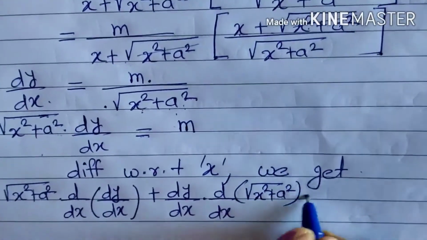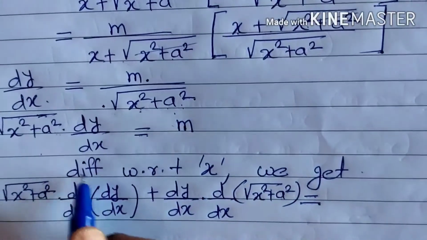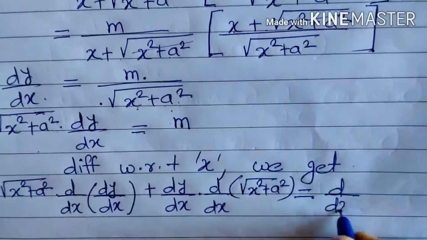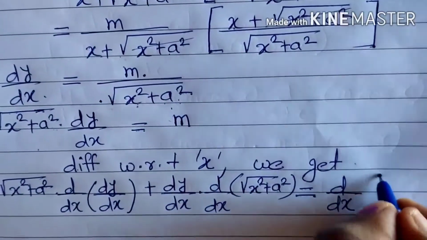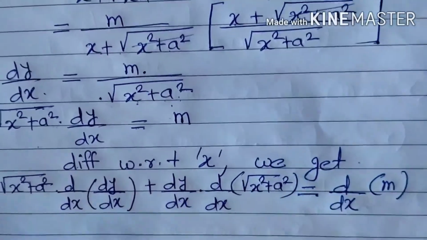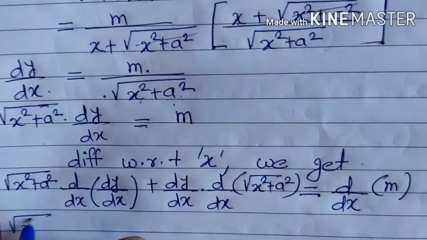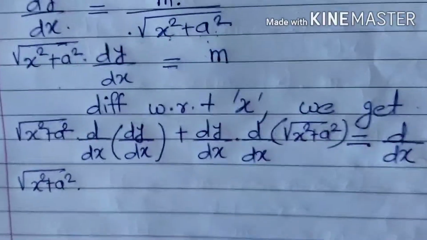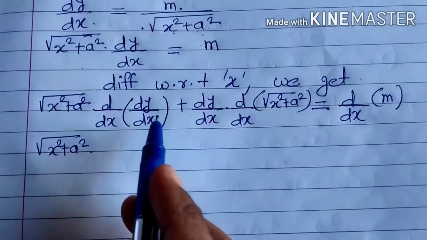Why do we differentiate here twice? Because we want to find the second order derivative, that's why we again differentiate it, and this is the differentiation of this m. So under root of x square plus a square as it is into d by dx of dy by dx.